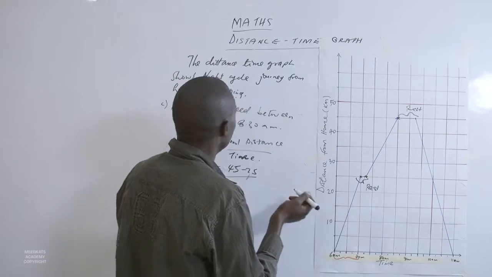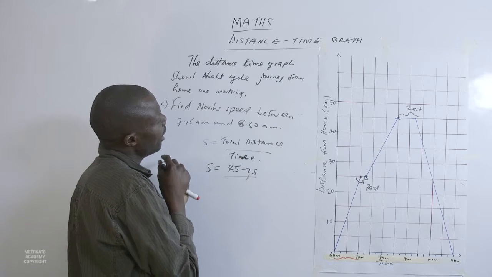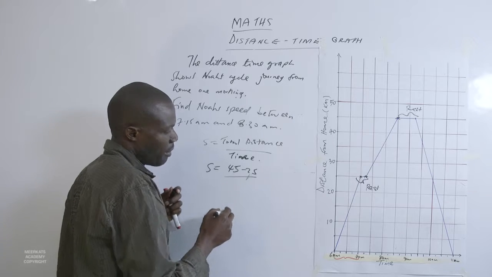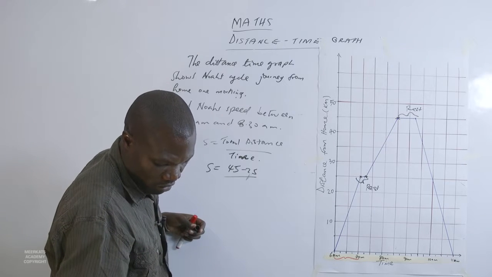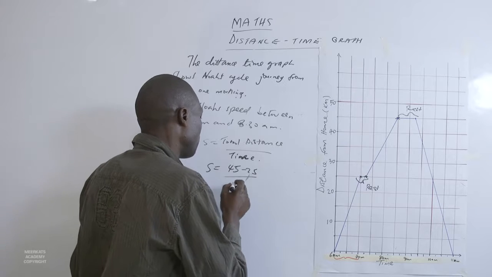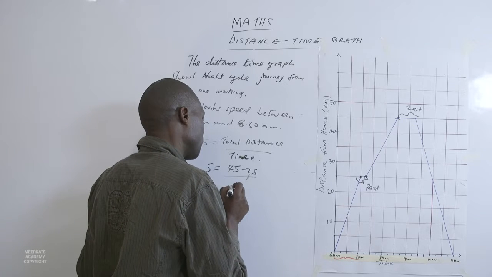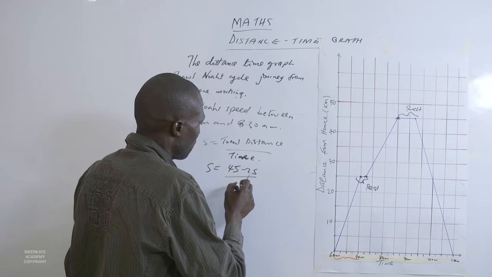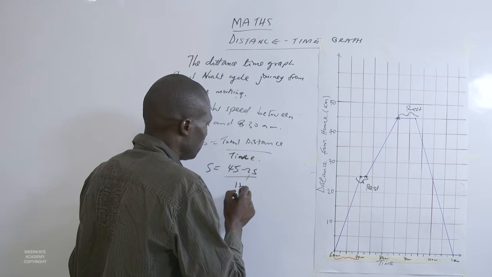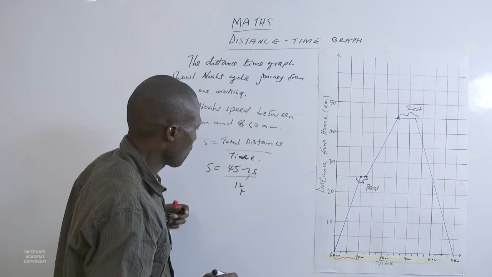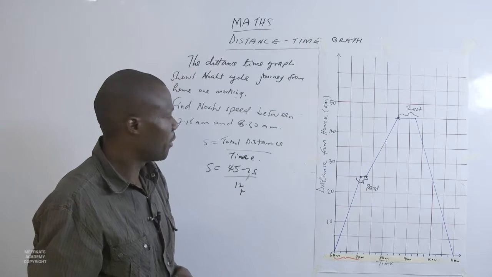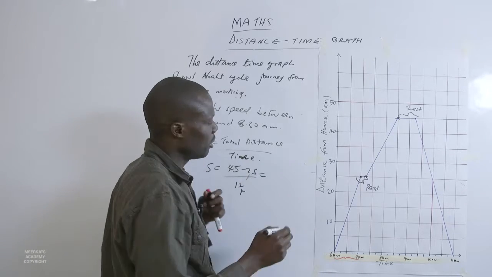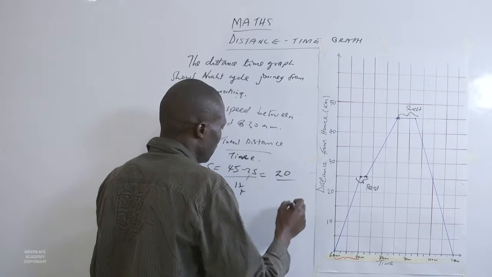What time is it there, between 8:30 and 7:15? You realize that time is 1 hour 15 minutes, which is the same as 1¼. So the distance, 45 minus 25, gives us 20 over.